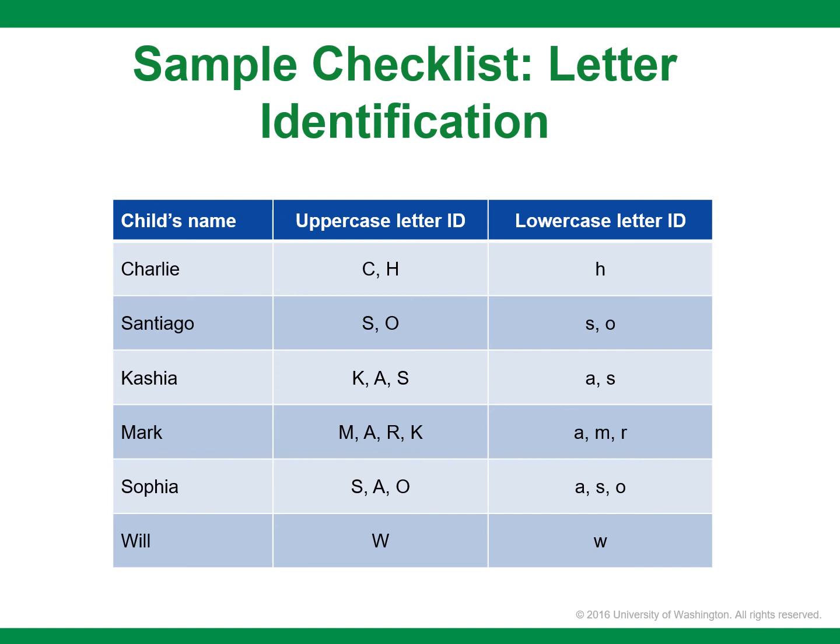Letter identification is part of alphabet knowledge, which falls under the literacy knowledge and skills domain from the Head Start Child Development and Early Learning Framework. This is an easy checklist for teachers to use because the teachers can have children's names already listed on the checklist to record data each week.